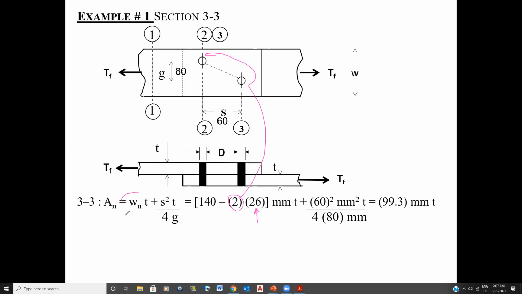That's how I get my WN in this case. Here, S is the pitch, G is the gauge, therefore it's S squared over 4G. So now this ends up being 9.33 T, just to calculate this area here.